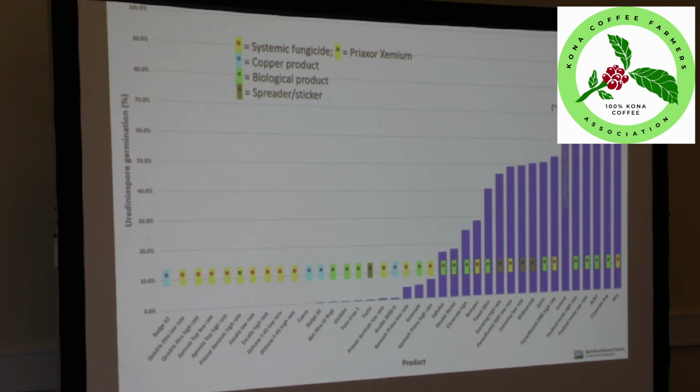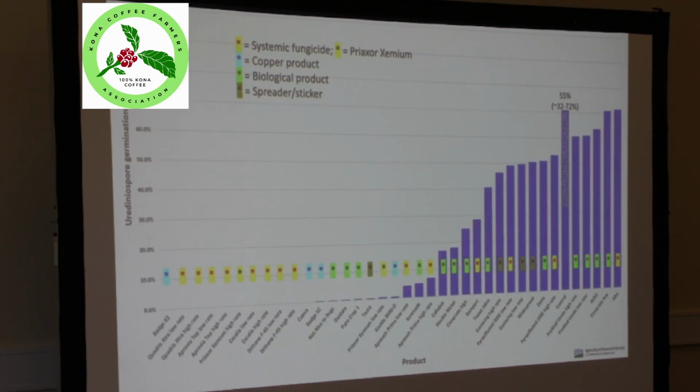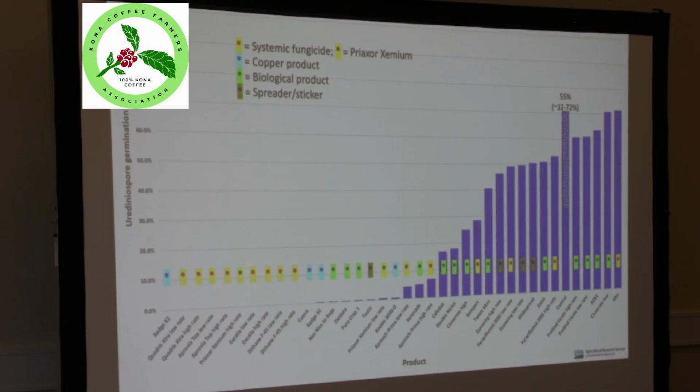But the range, we've seen it as low as 32% germination rate and as high as 72%. Now when you compare that control to the various products, you can see that there are varied effects on germination of spores. I tried to color code it to make it a little easier to visualize.